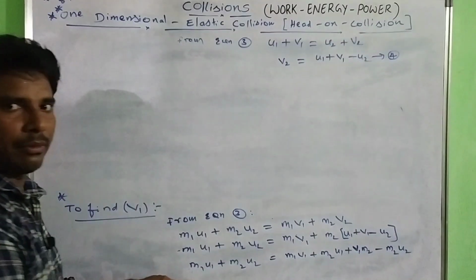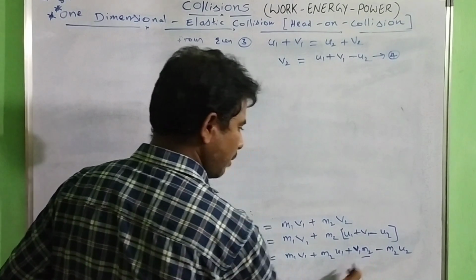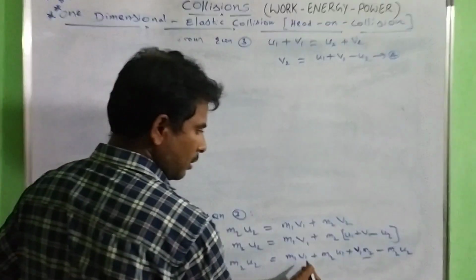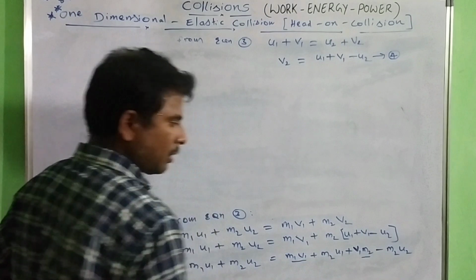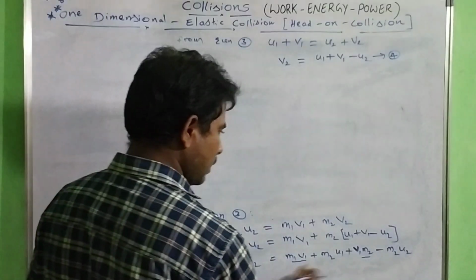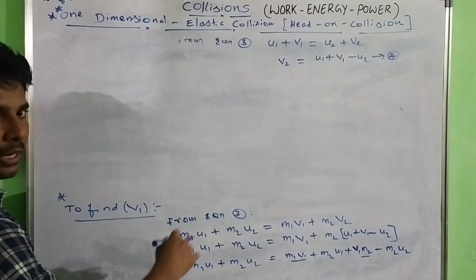The terms with v1, that is m1 v1 and m2 v1, are taken to one side, and the remaining terms are taken to the other side.